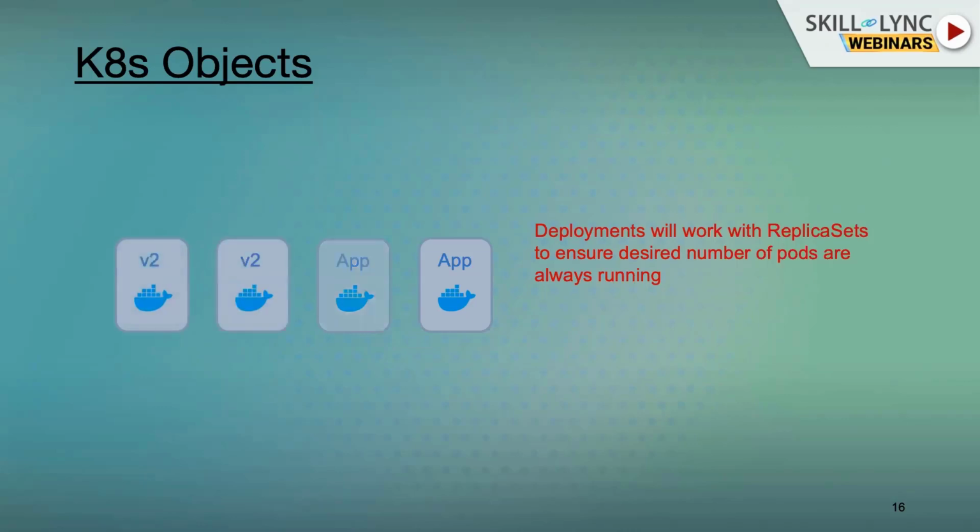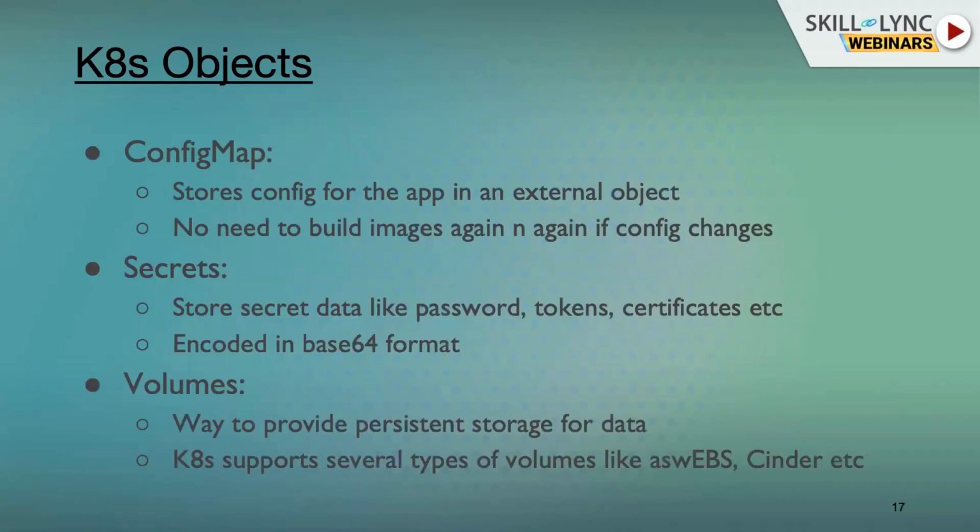What it would do is bring down the version 1 of the pod and spawn the version 2 of the pod, and you can tell it whether you want to do it one by one, where all the other pods would still be running version 1 but the first pod would get updated to version 2, and it would be done one by one, or you want to bring down all pods simultaneously and simultaneously have version 2 in all the pods. That you can tell the deployment.